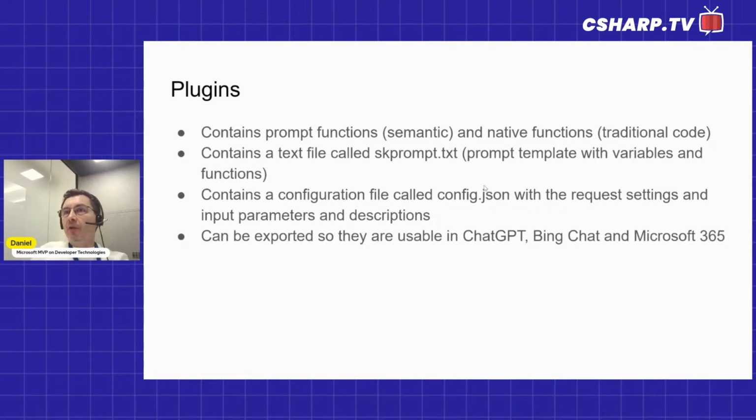Or let me tell you about some other scenario. For example, you have an API, and this API has some specific endpoints. We would like to be able to call them using an HTTP client, for example. There are a lot of out of the box native plugins included in Semantic Kernel, and we can develop our own, which I will demo in a bit in this talk.